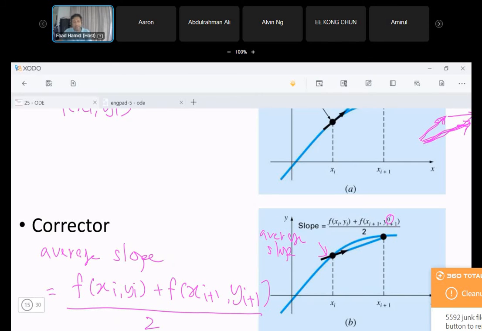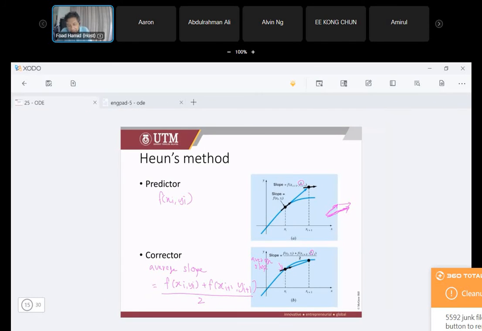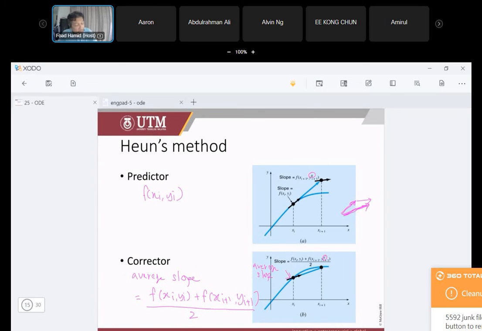This is one method of improving the slope. So we take the average slope of the start point and the predicted point, the initial point and the predicted point, and use that to estimate our new y i plus 1. So this is the idea.